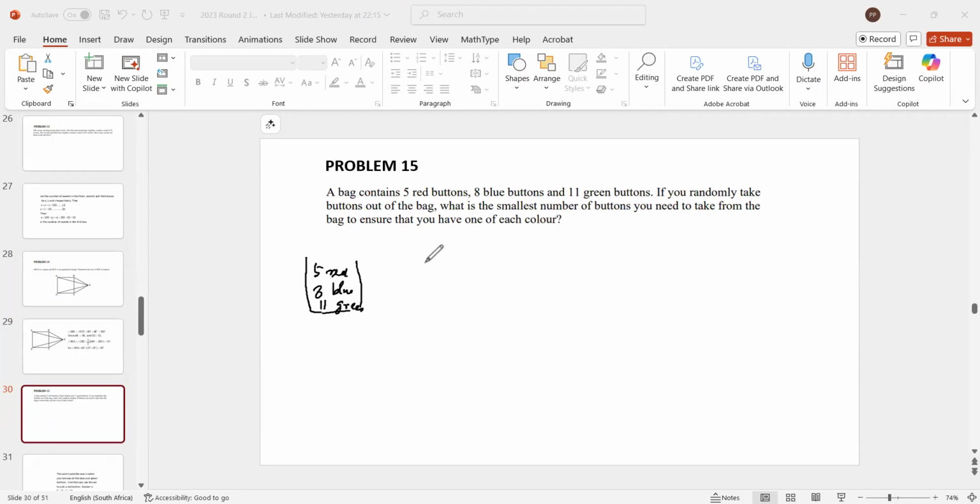Okay, if you randomly take out buttons out of the bag, I'm going to remove buttons. They're all mixed up. What is the smallest number of buttons you need to take from the bag to ensure that you have one of each color? So you want at least one red, one blue, and one green, at least that.